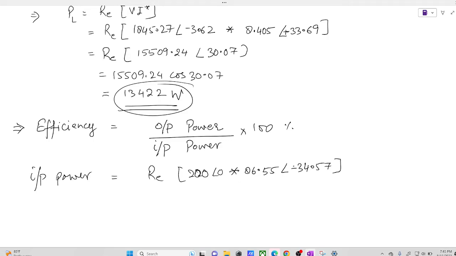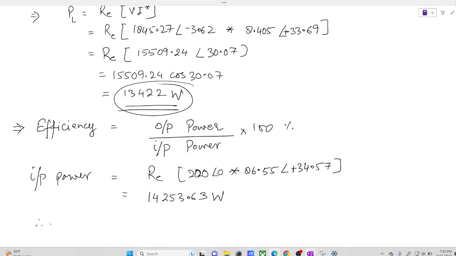I is this; after taking the conjugate, this will become plus. So find out what is the input power, 200 into 86.55. This is coming out to be 14253.63 watts.